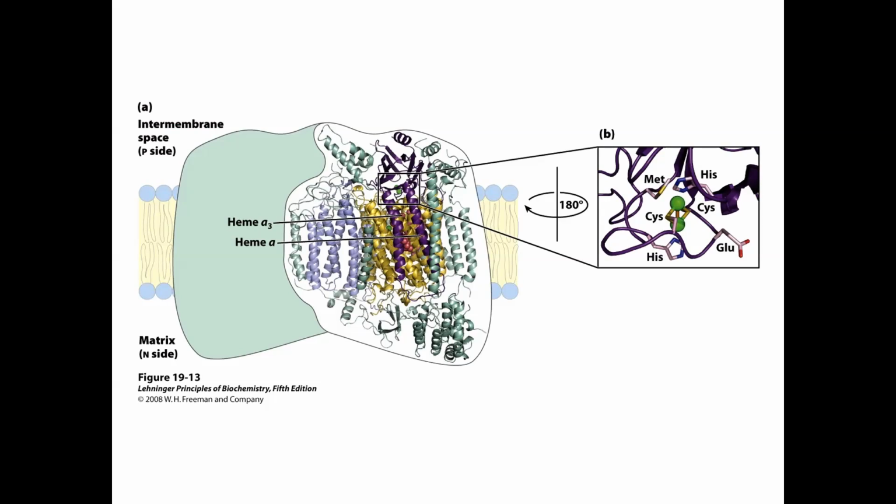The copper undergoes transition from a copper 1 to a copper 2, so from cuprous to cupric states during the transfer of electrons to molecular oxygen.